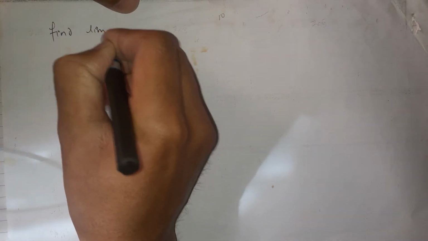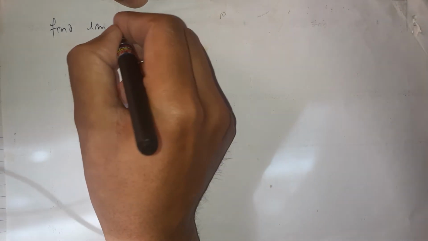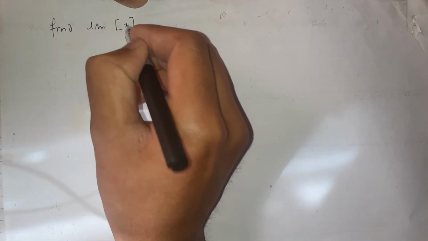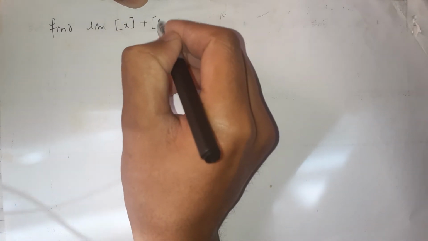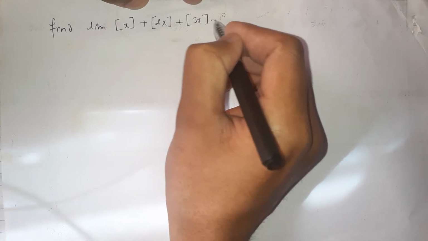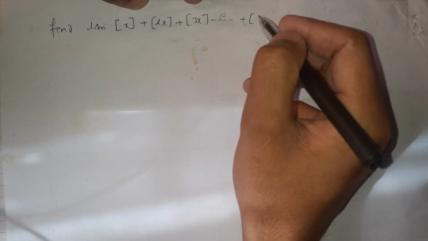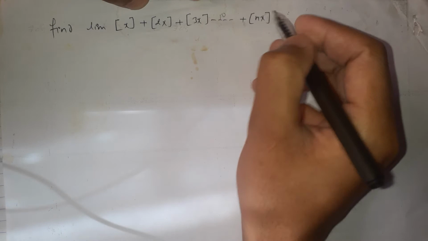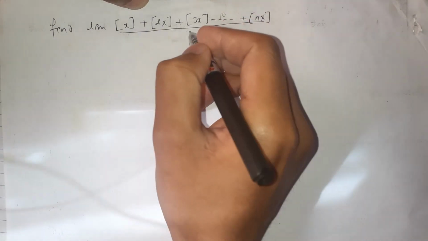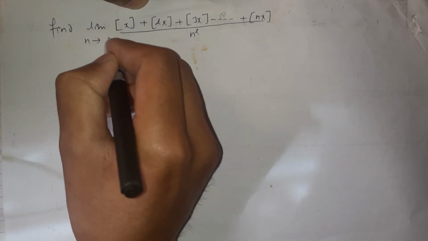The question is, find the limit of a function, and the function is given in terms of the greatest integer function. The function is the greatest integer of x, plus the greatest integer of 2x, plus the greatest integer of 3x, and so on up to the greatest integer of nx, divided by n square, and here the limit n approaches to infinity.